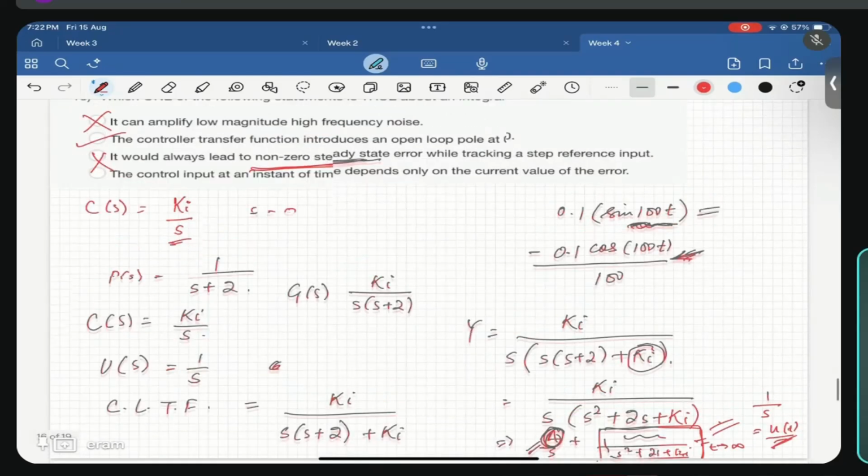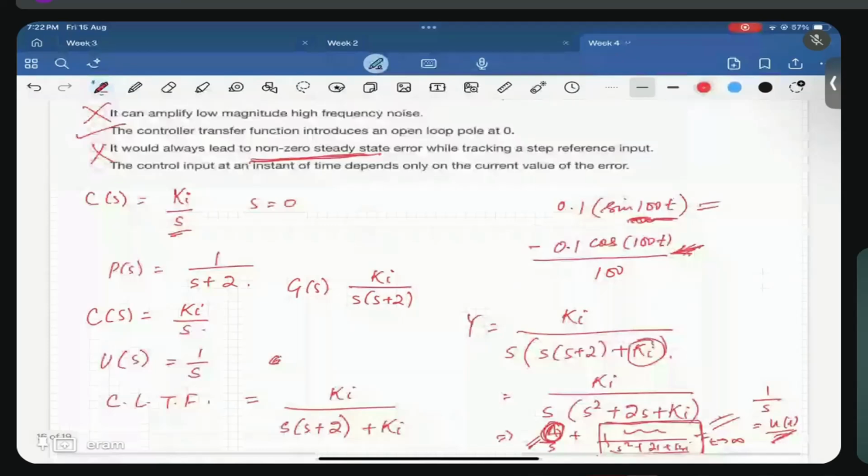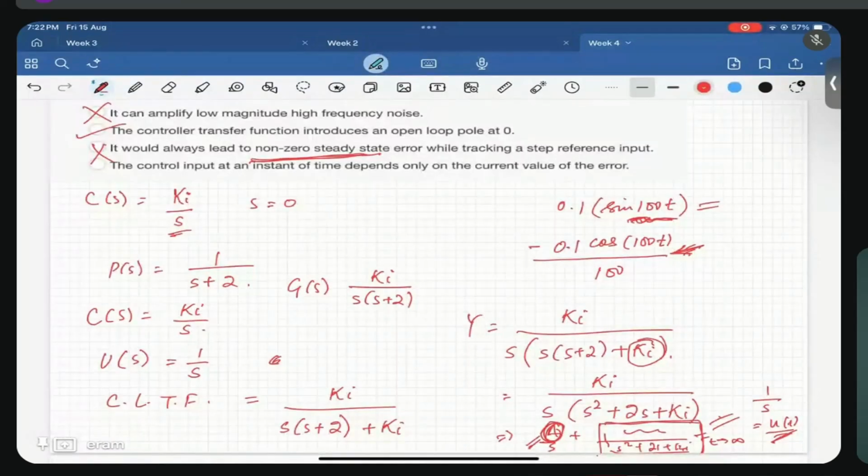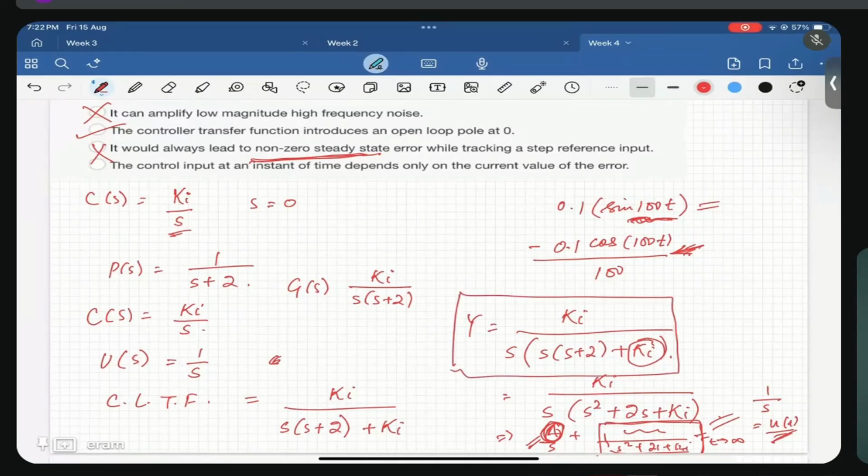What I am saying is, you have a plant transfer function, right? You have something G(s). Then the response you will get will look something like that, right?